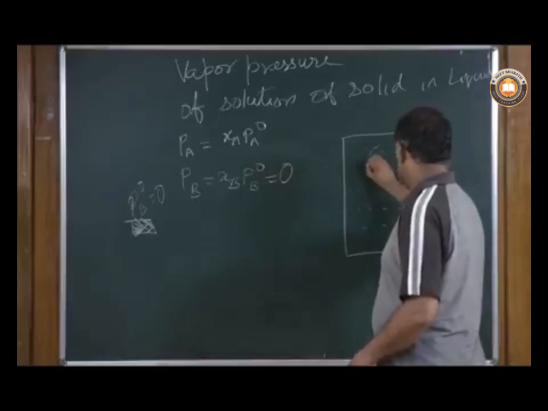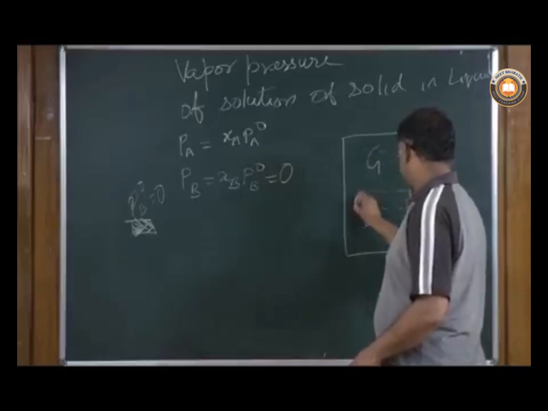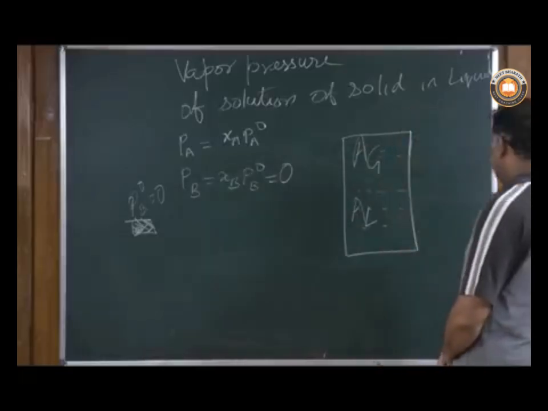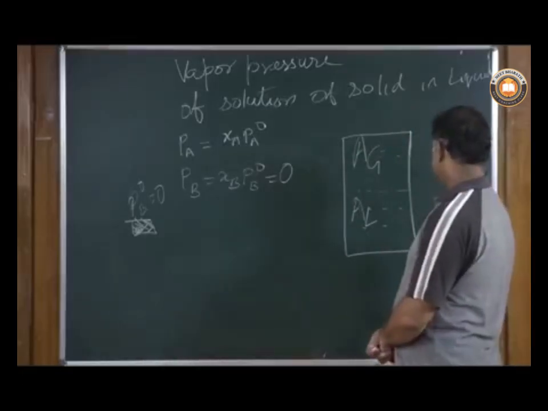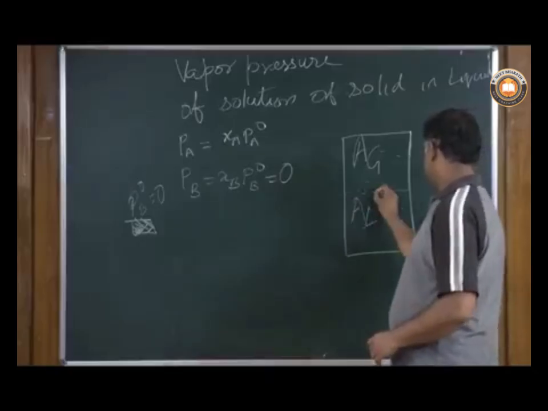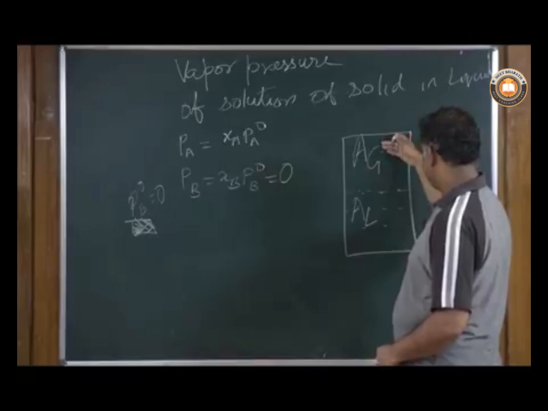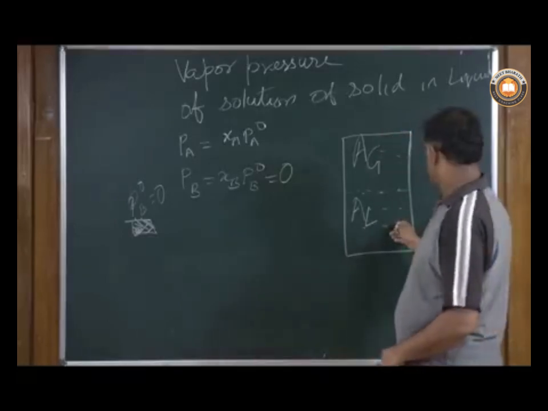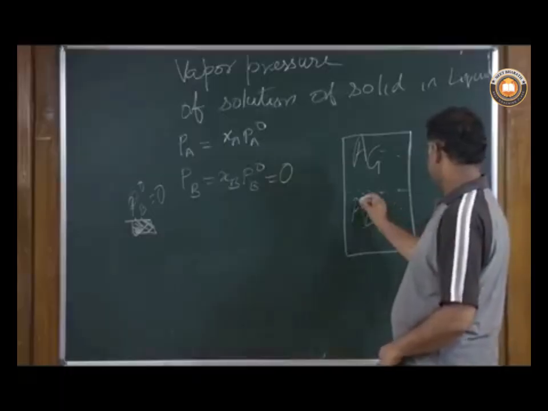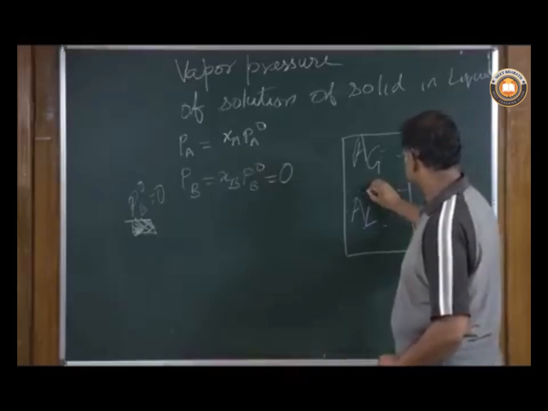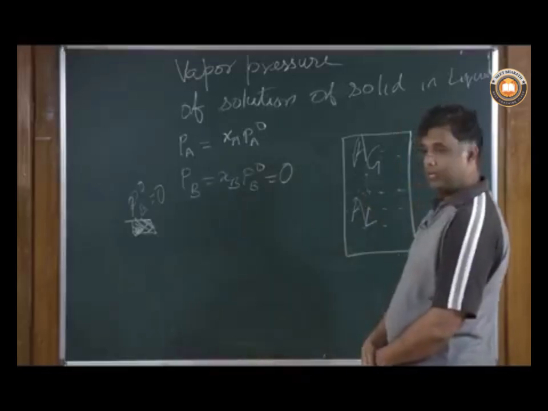So, this is gas and this is liquid A, and the equilibrium which is going to happen is that from this surface some gaseous molecules are going to strike the surface and go into the solution, and from this surface some of them are going to have enough energy to escape. Okay.